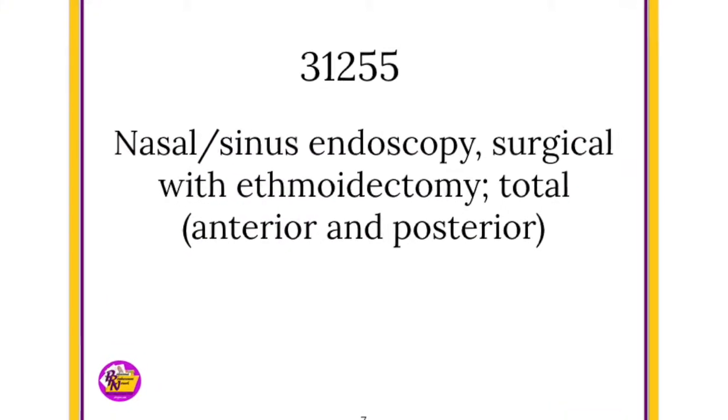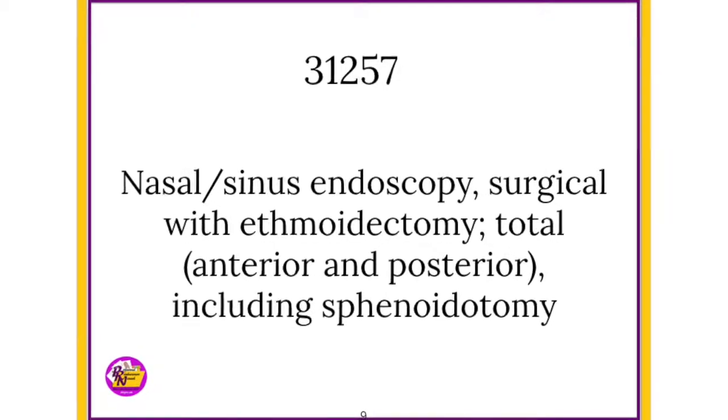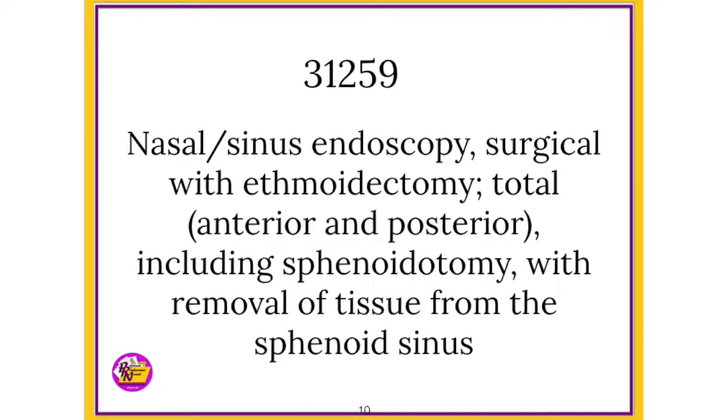The new family of codes 31254, 31255, 31253, 31257, and 31259 should be used to report surgical nasal endoscopies with ethmoidectomy, partial, anterior, or posterior, including frontal sinus exploration with sphenoidotomy and sphenoidotomy with removal of tissue from the sphenoid sinus.